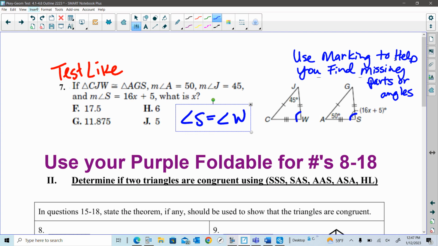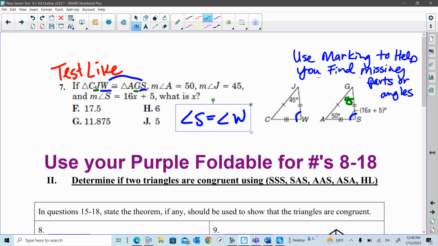They want you to find X. You can draw the picture, look at the markings, but you should see that S, the last letter, matches with W, so those are congruent. Well, I can find S using that J. The middle letter goes with G, so G would have 45 as well.